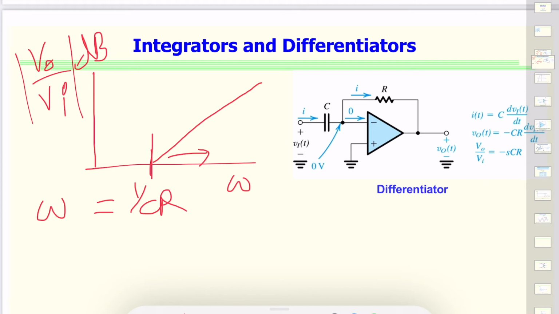So this means that it has stability issues. We generally avoid these, but it's usually necessary. If we use it, then we have to use a small value resistor in series with the capacitor. But that again takes it away from a non-ideal differentiator.